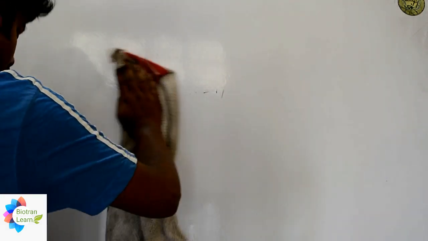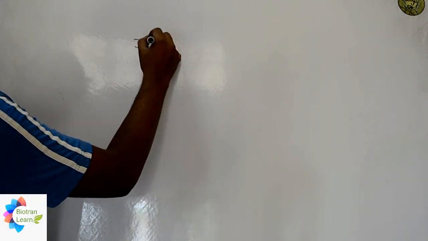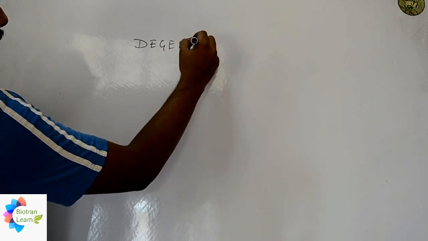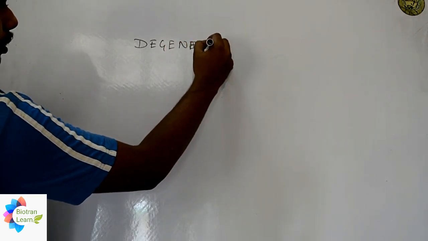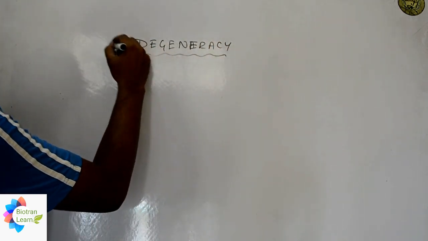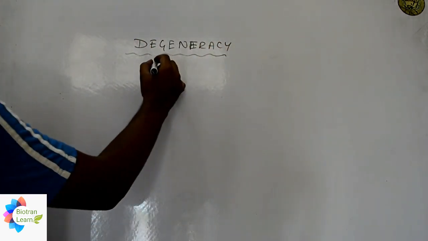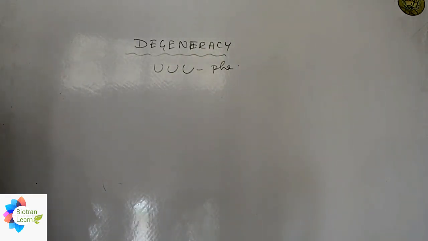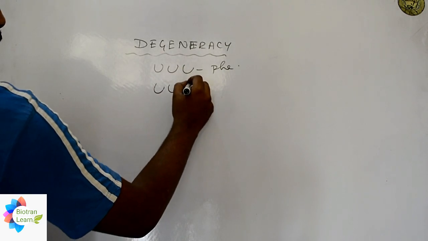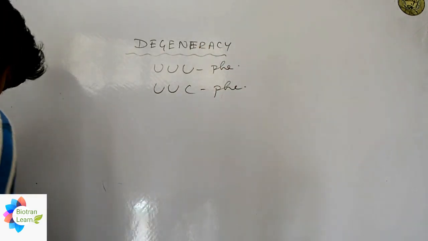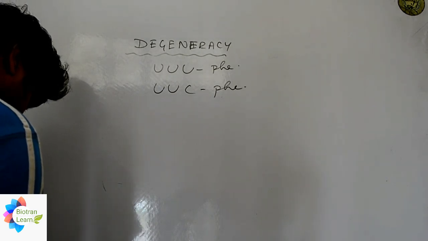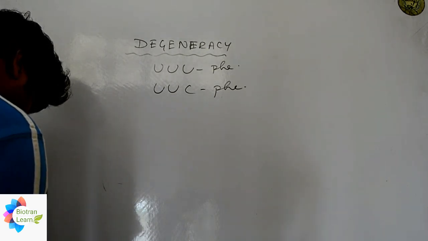What is degeneracy? In code degeneracy, suppose we have UUU as phenylalanine, and the next one UUC as phenylalanine.